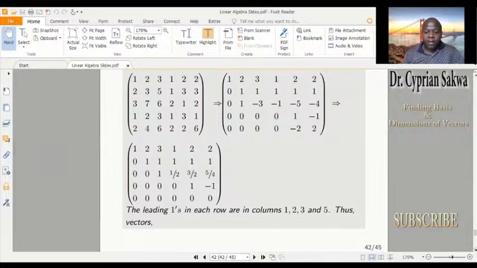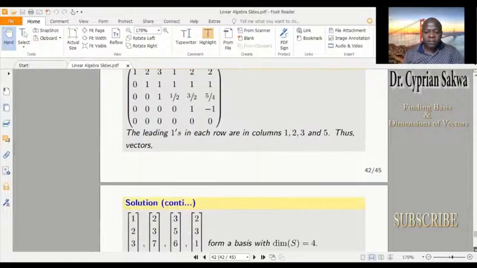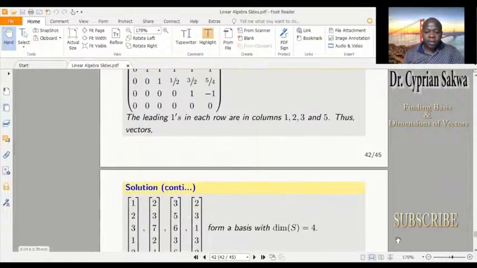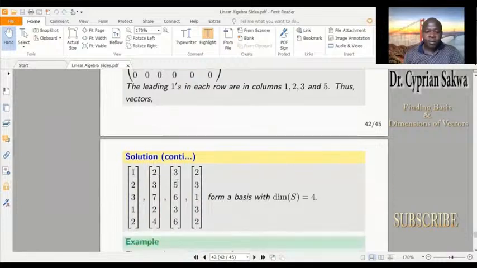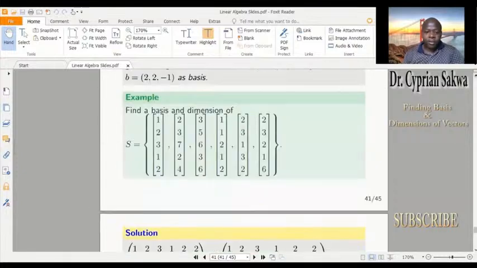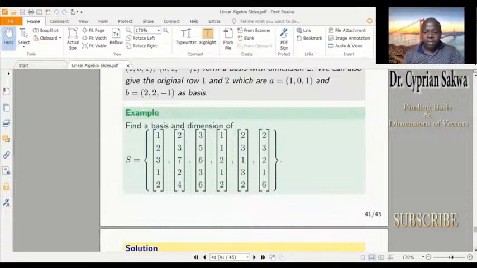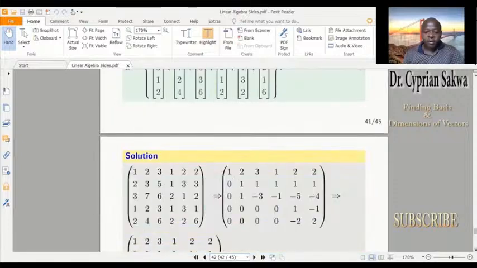Thus, the original vectors: column 1 was this vector, column 2 was this, column 3 was this, and column 5 was this vector. These 4 vectors form a basis. And since there are 4, the dimension of S is 4. So our set was set S, that's correct. So that set S has dimension 4.